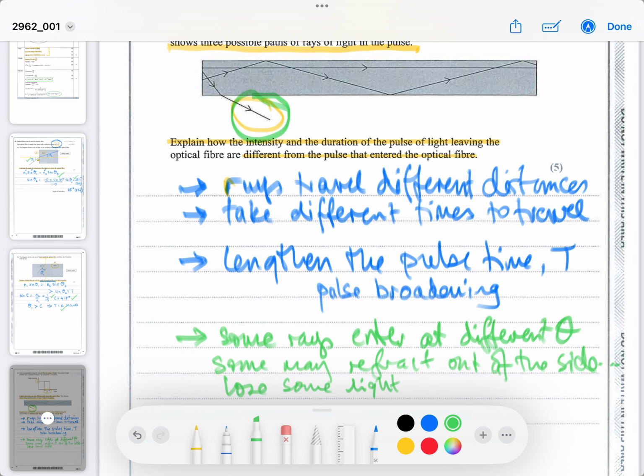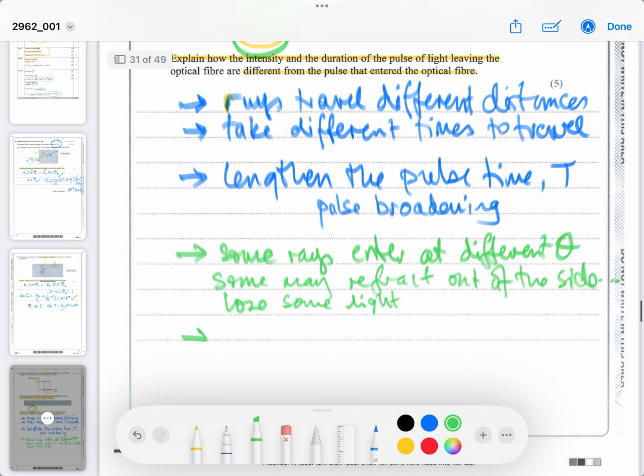And therefore, if you lose some light, the intensity of light exiting will decrease. So you've got to put all of these 5 points into your answer to get the 5 marks.